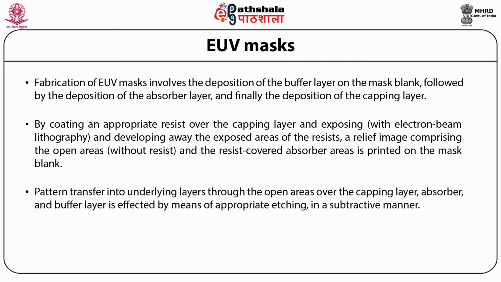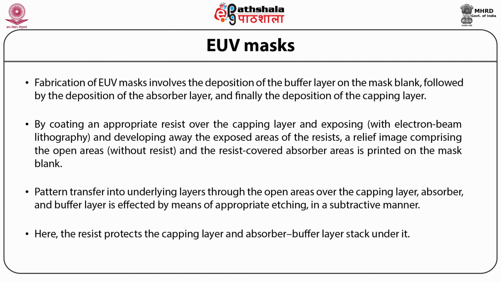So, a pattern is transferred into the underlying layers through the open areas over the capping layer, absorber and the buffer layer, which is effected by means of appropriate etching in a subtractive manner. So, here the resist protects the capping layer and the absorber buffer layer stack under it.